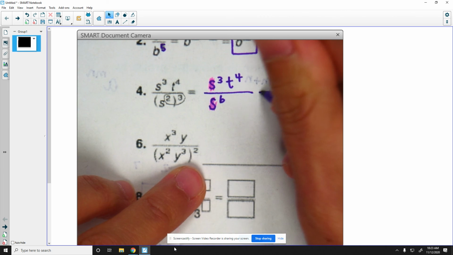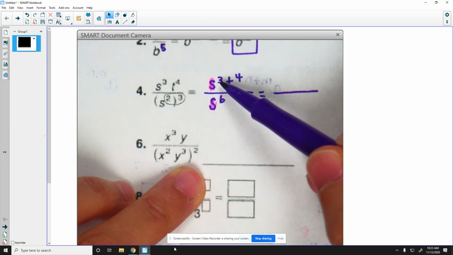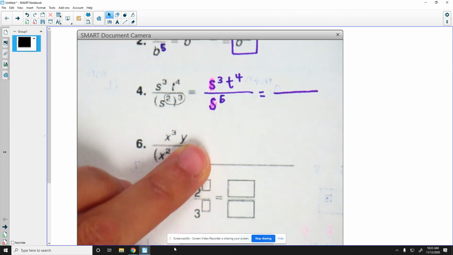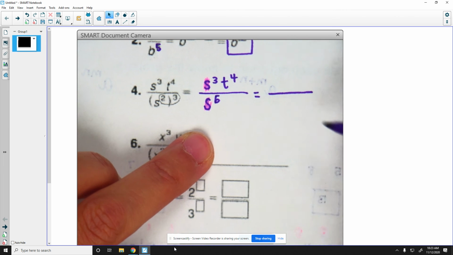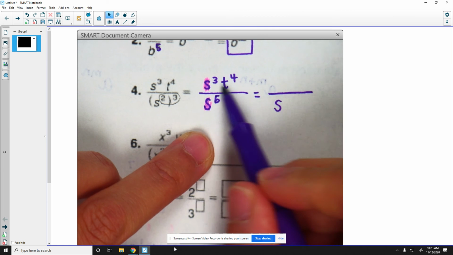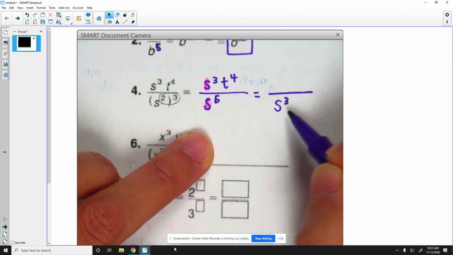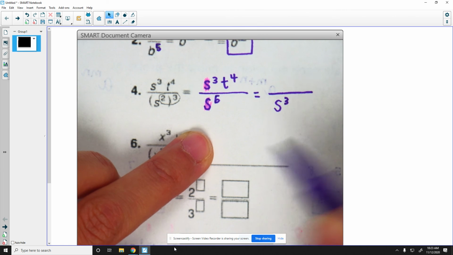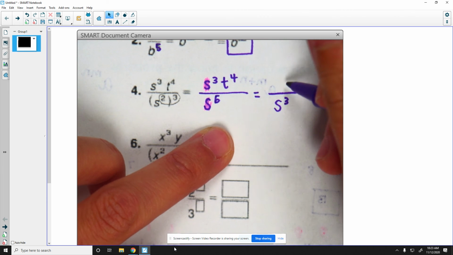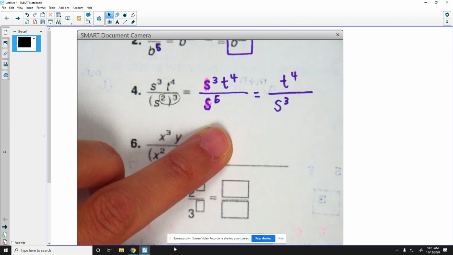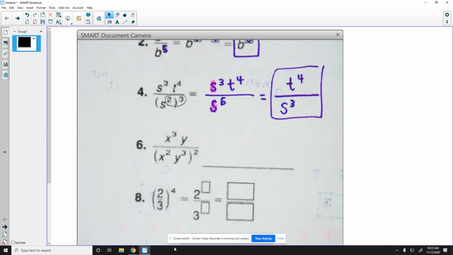So I have s's that I can change. If I have 3 on top and 6 on the bottom, how many do I have left over? 3, but would it be on the top or bottom? Does that make sense? If I were to list off 3 on the top and 6 on the bottom, I would still have 3 left over on the bottom. Or just think 3 minus 6 is negative 3, so negative 3 gets flipped. The t to the 4th just stays where it is because it wasn't a negative exponent.